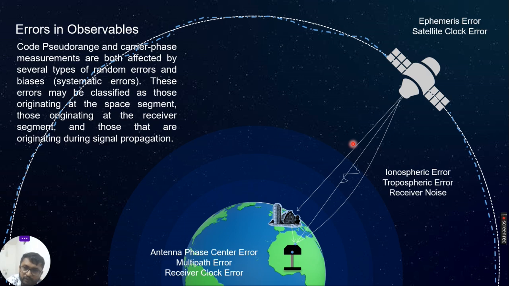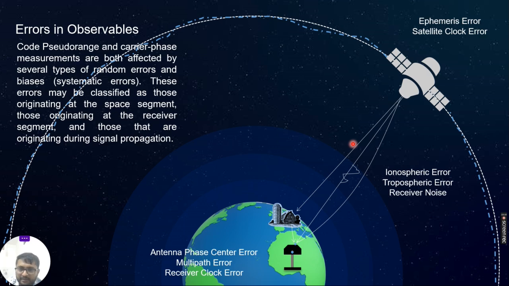Both carrier phase and code pseudo range can be affected by several types of error, which are random errors and systematic errors. Random errors are generated because of human reasons, topographic variations, or some nearby objects, which we cannot model. Whereas systematic errors, we can model easily and remove from the observations.